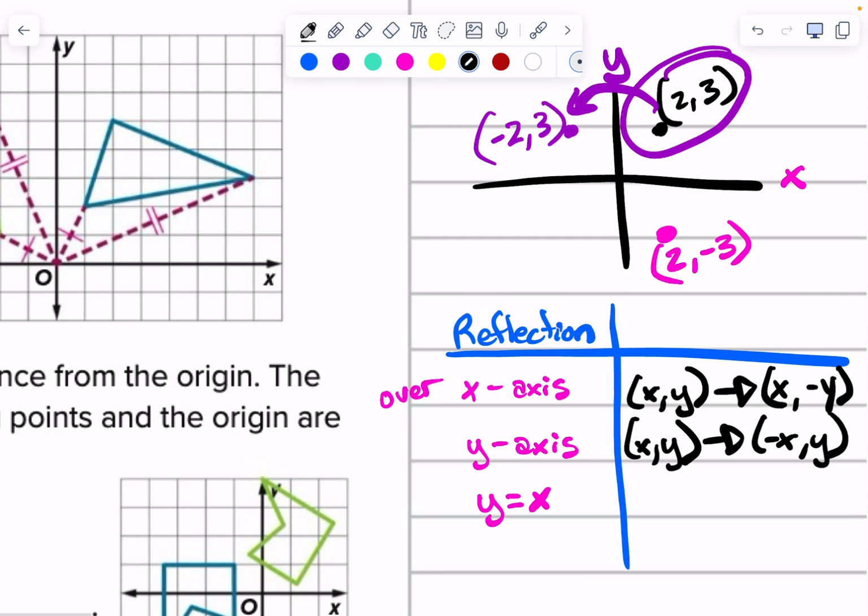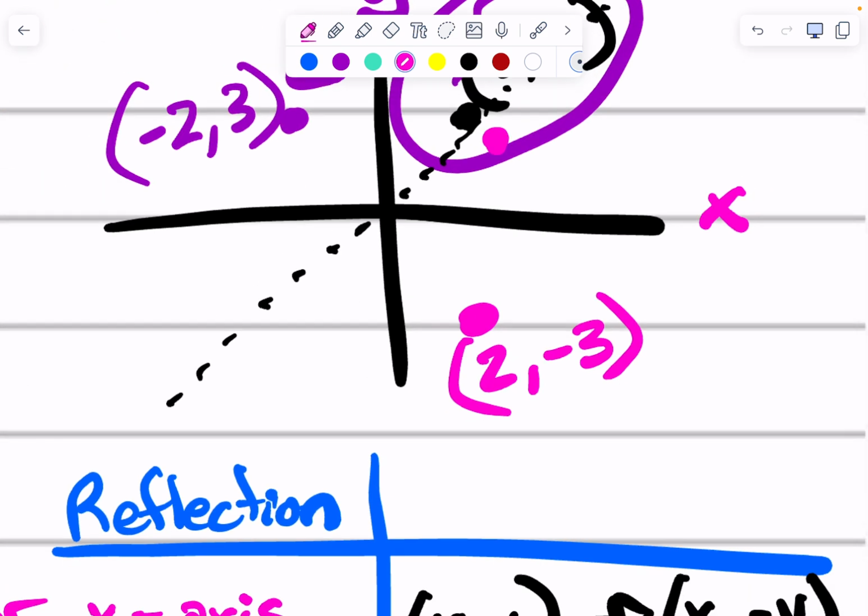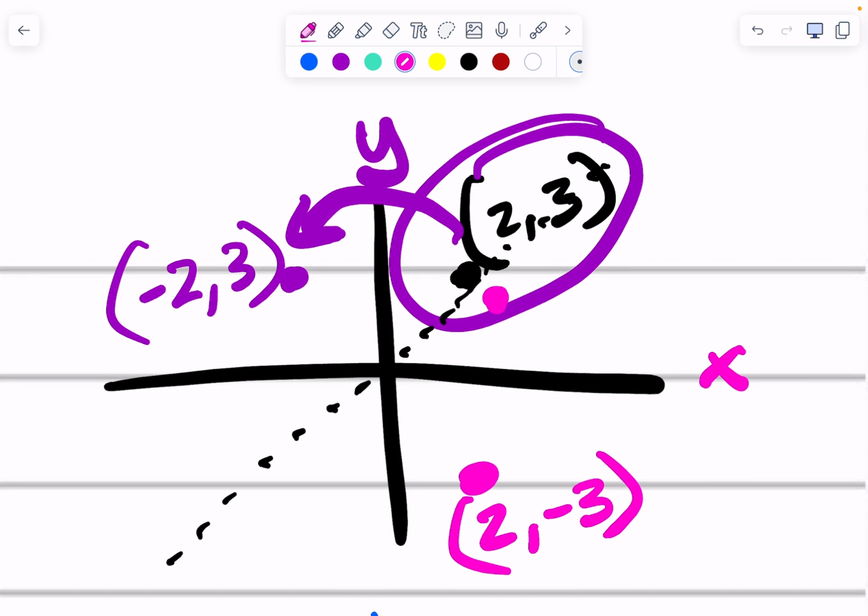All right. Now, over the line y equals x. The line y equals x is a dotted line that goes right there. 2, 3. Across the line y equals x, that would move him like there. What happens to him? Because he's here, 2, 3, which was above here, would now go across over here.